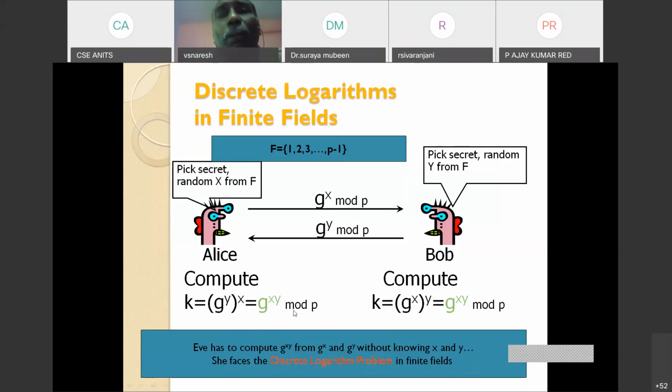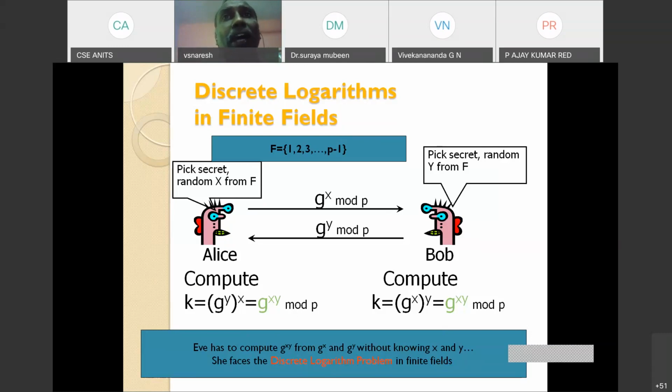Similarly, Alice sends g power x to Bob, and y is available with Bob, so g power x whole power y gives Bob g power xy. Now g power xy is generated at Alice and at Bob. Both are the same, so we can use that as the shared key or symmetric key.